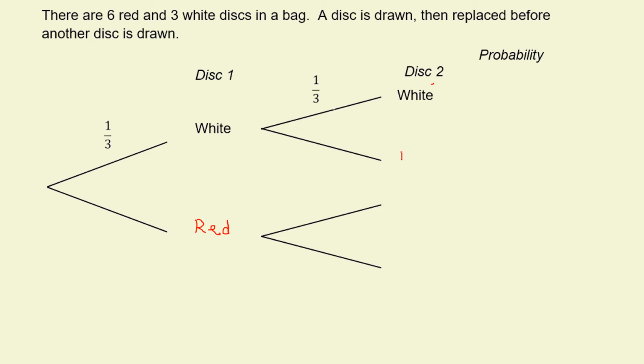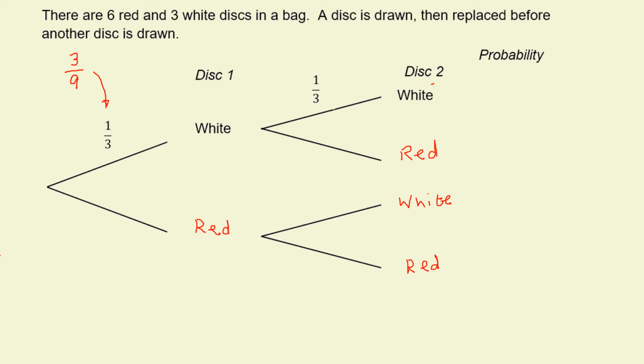So it was either white or red. And what's going to go here? White or red, isn't it? So we're just showing the things that could happen, white or red. Now, 1 in 3 times we will get a white disc the first time. You see why that is? Because there are 9 discs and 3 of them are white. 3 out of 9, you can divide the top by 3 and the bottom by 3, you get 1/3.